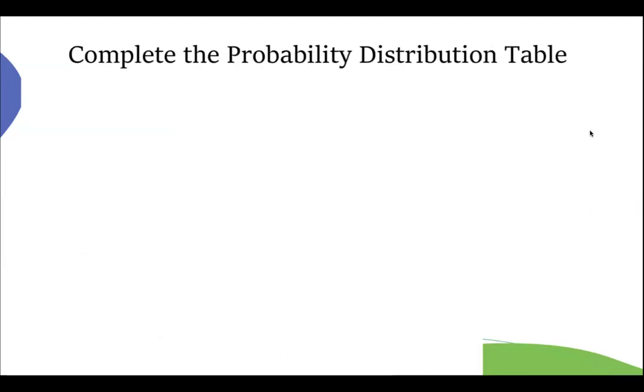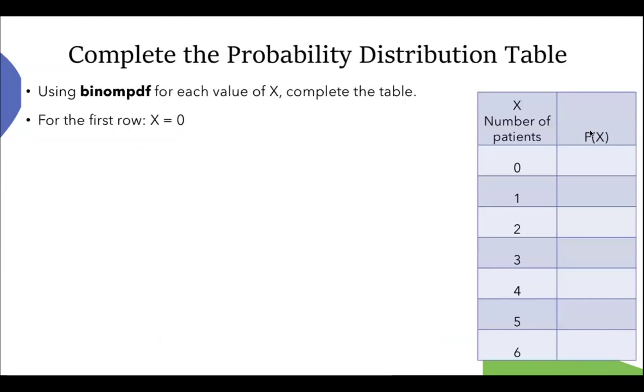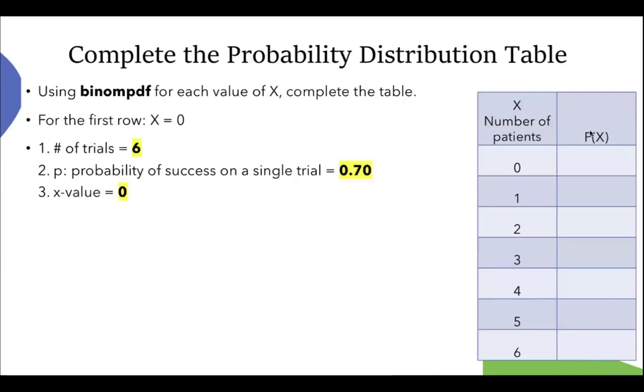When we put in x equals 0 on the calculator, it was 7.29 E-4.